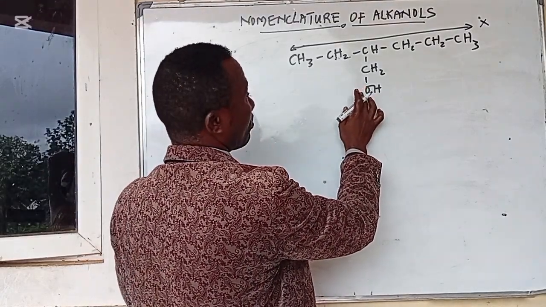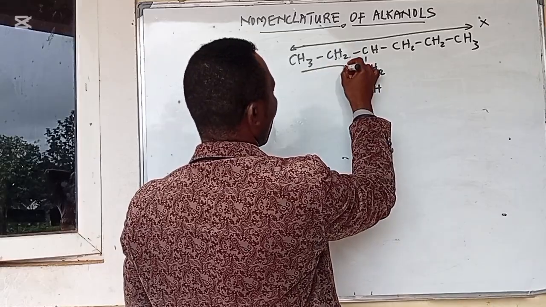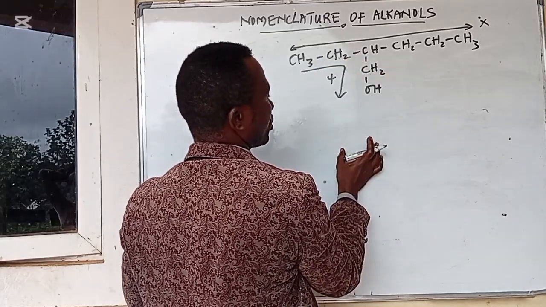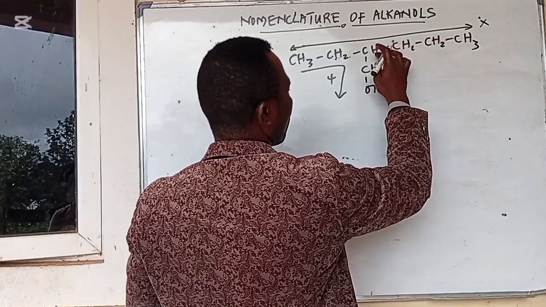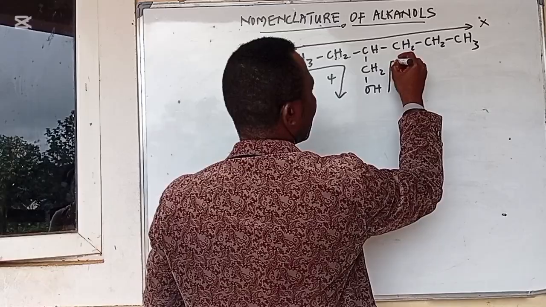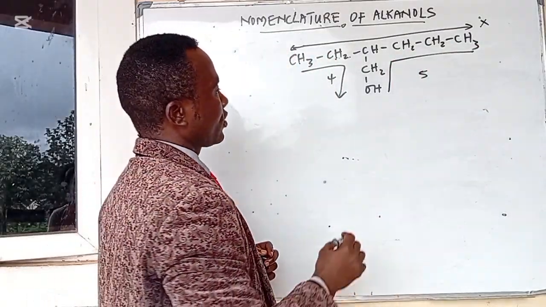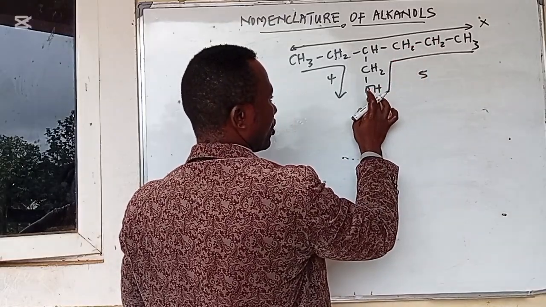So if we are to number, we can go 1, 2, 3, 4. This one will give us a 4 because this side bears the OH. Number from here, you have 1, 2, 3, 4, 5. You can see that here is 5. So the best way is to number the longest carbon chain that bears the OH.